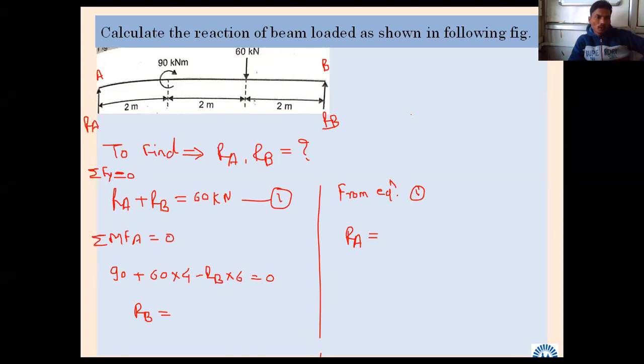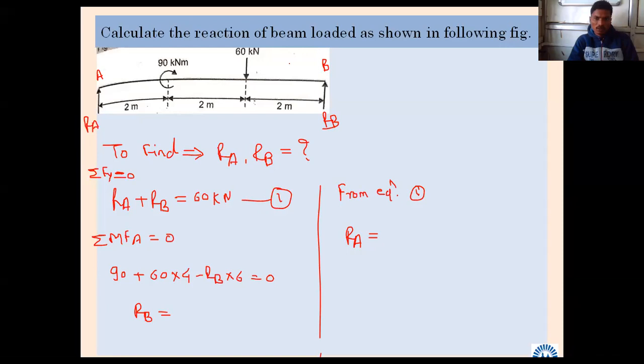Dheeraj, what is the answer of RA? Dheeraj Sawan, roll number 16. Dheeraj, am I audible? Your mic is on, but you are not audible. Dheeraj, just check your connection. Then Samarth Chavan, roll number 18.